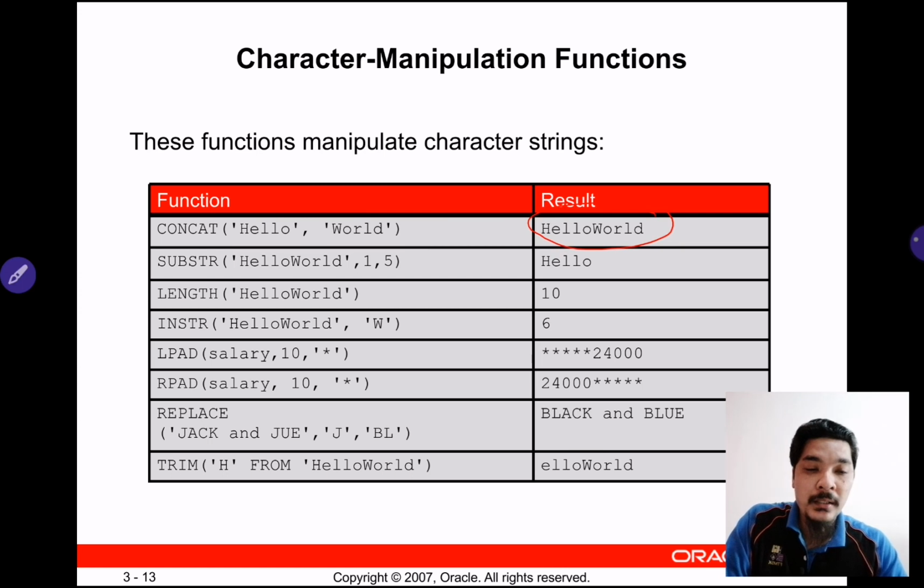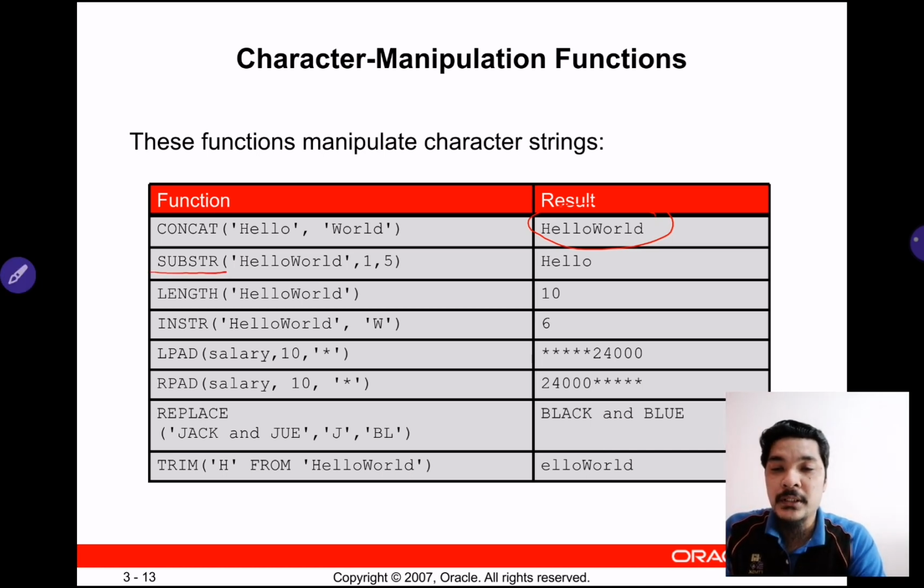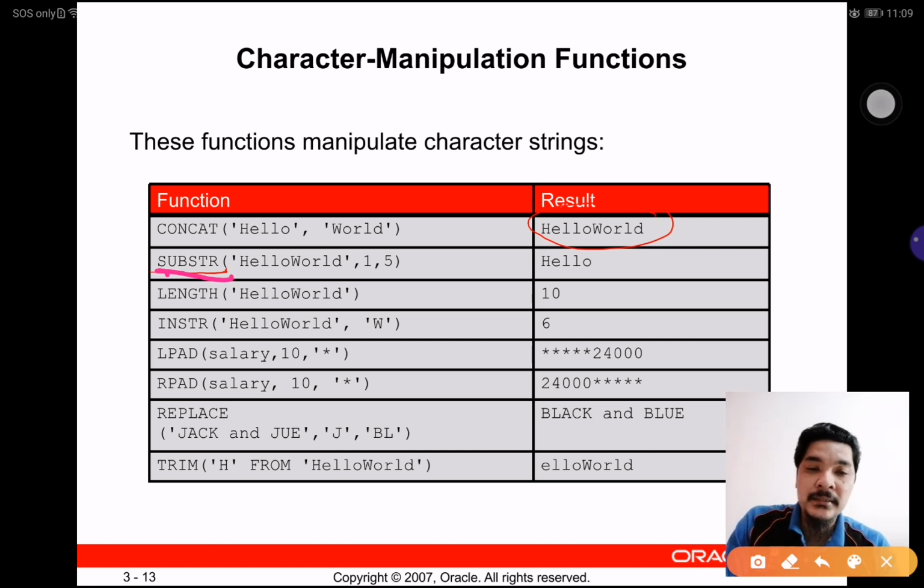The next one, we can use what we call substr. Listen carefully. We have the words hello world, 1 and 5. What does this mean? It will manipulate hello world between character number 1 and character number 5.